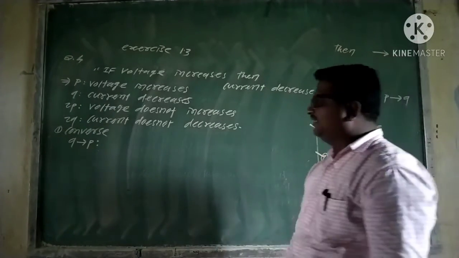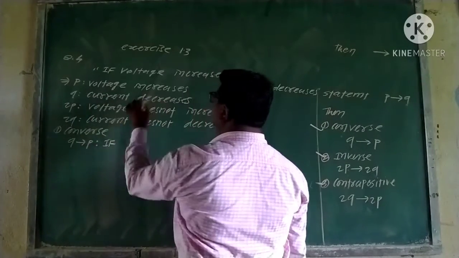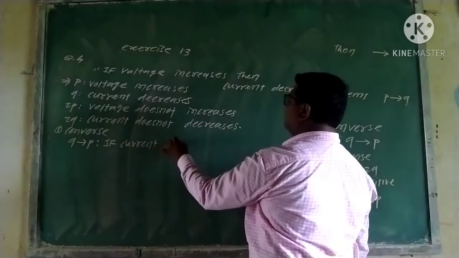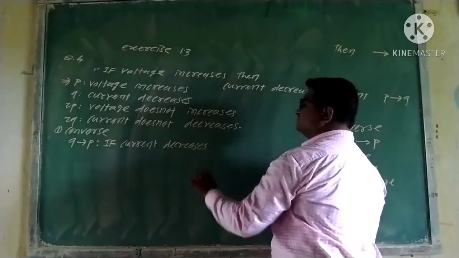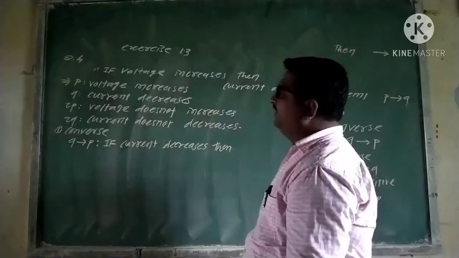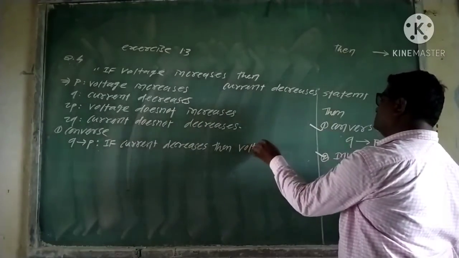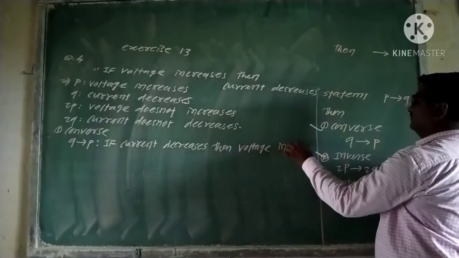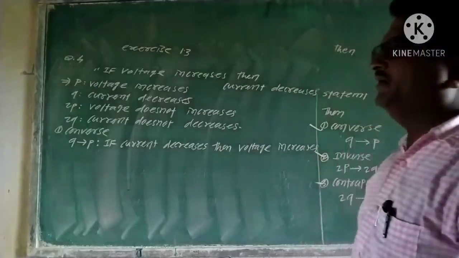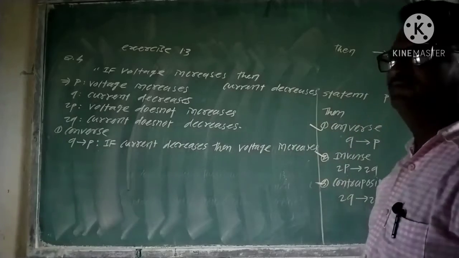We can write this statement as: if Q, current decreases, then P, voltage increases. See that, the converse of the given statement: if current decreases, then voltage increases.